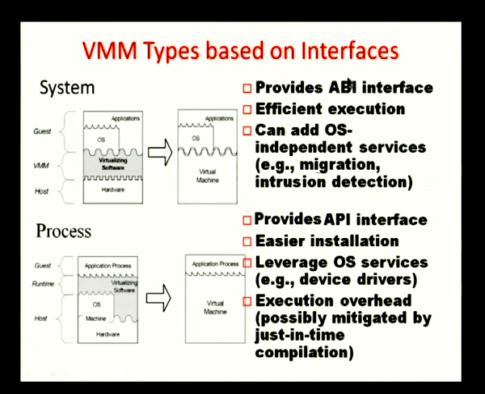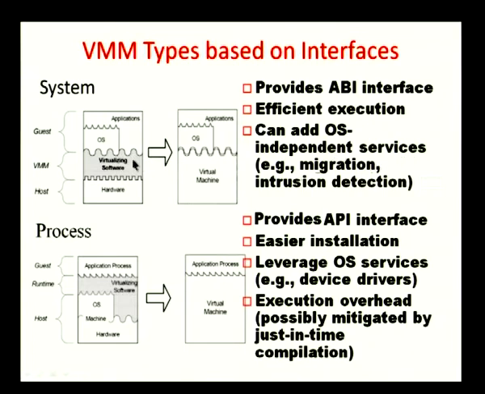Now, what are the different types of virtual machines? You can have the types based on the interfaces. The first one is the system interface, the other one is the process based interface. The system interface means here you have the ABI, application binary interface, as we discussed in the previous episode. We have efficient execution and you can add any OS independent services also.